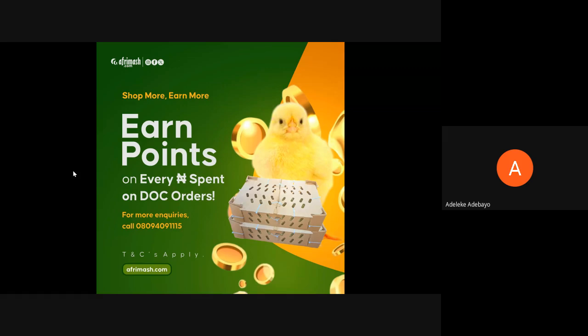Then let me give a particular example about chronic respiratory disease, CRD, which is very common. At the onset of CRD, there may not be any of these signs, no ruffled feathers, no change in color of droppings, nothing. But if you pay attention to birds at night: when birds are sleeping, a normal disease-free flock makes absolutely no sound whatsoever.